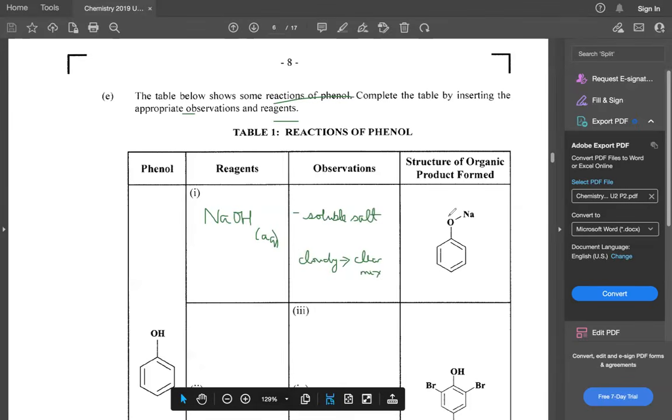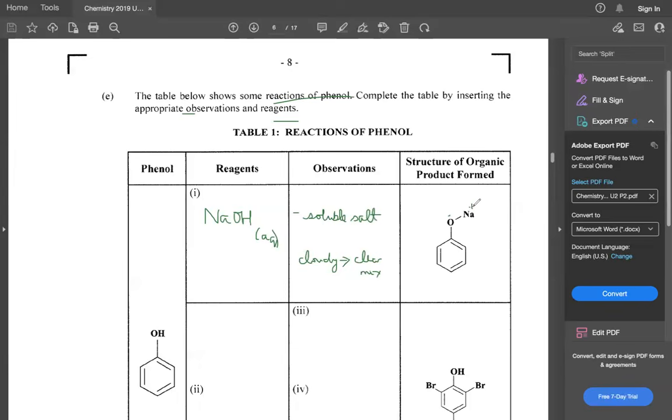You see that it's polar, it has its minus and its plus, so it's going to be soluble in aqueous solution. So our reaction mixture would go from cloudy to a clearer mixture on account of the soluble salt being formed, okay? Again, our reagent is NaOH, and when we add the NaOH to this, we get the salt of that phenol.